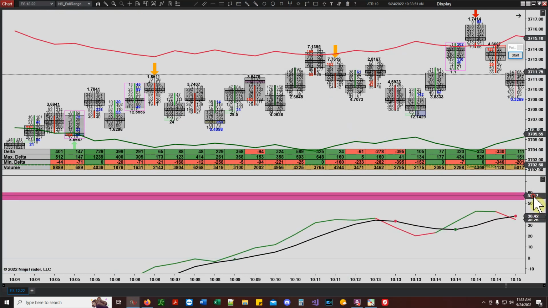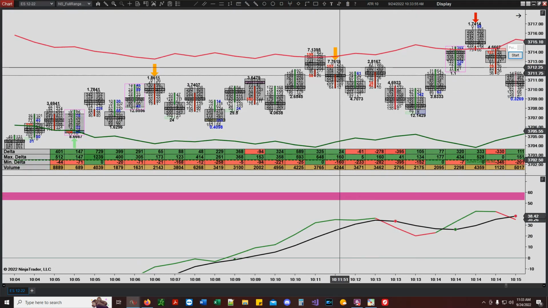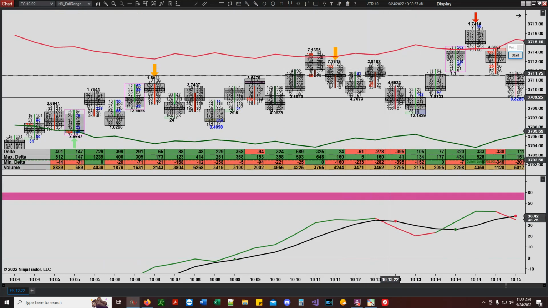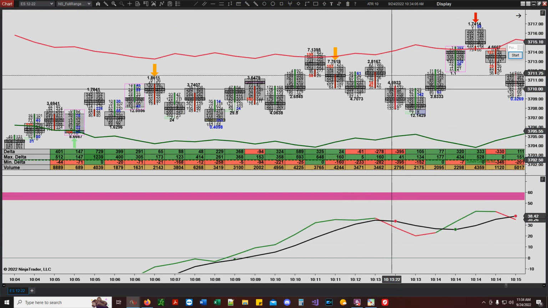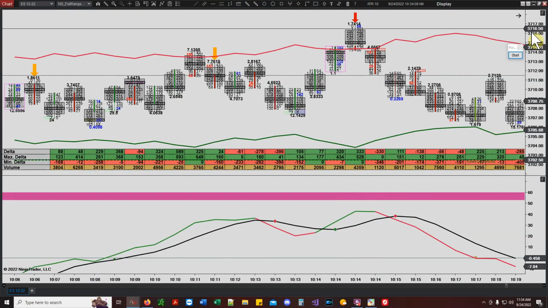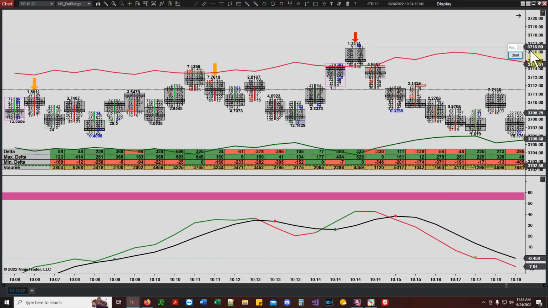This is not a system. This is just something that you might want to look at. You know, when you're trading order flow, there's just so much to look at. And I don't have it down to a T yet. But it's certain things that I like to see when I'm looking at it.